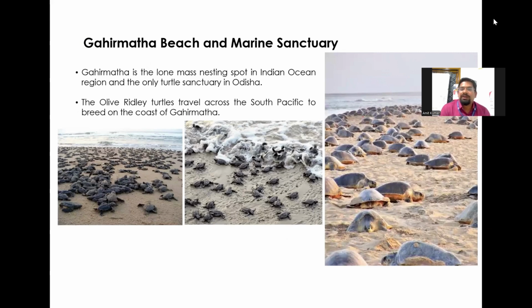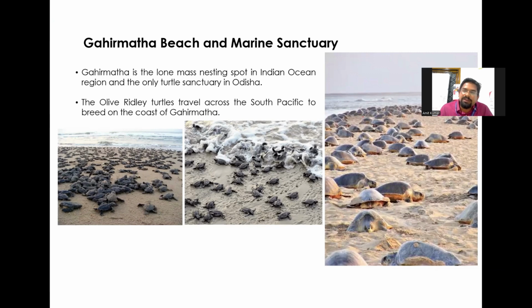Of course, Gahirmatha Beach and Marine Sanctuary deserve a special appreciation, because this is a lone mass nesting spot in the Indian Ocean, especially for the olive ridley turtle, where the turtles travel across the South Pacific to breed on the coast of Gahirmatha.